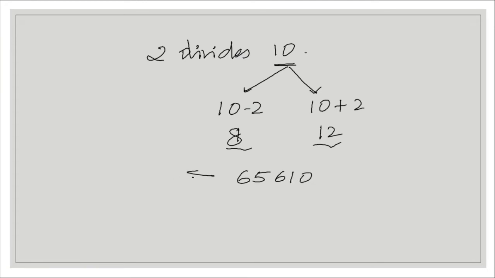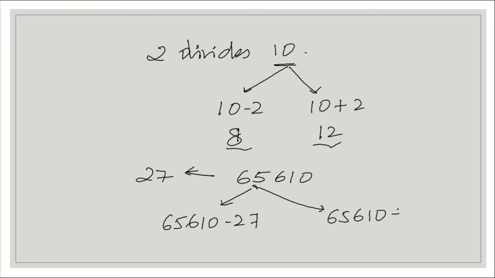When it is divisible by 27, what I need to do is 65610 minus 27 and 65610 plus 27. If I do subtraction here, I'll be getting 65583 and 65637. Now you must be clear.